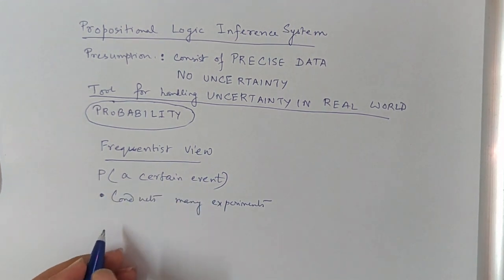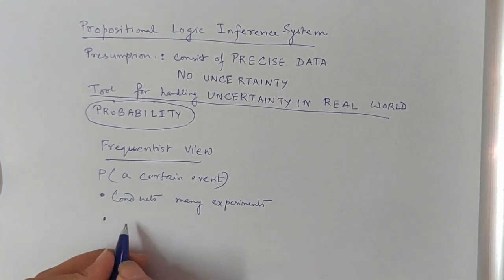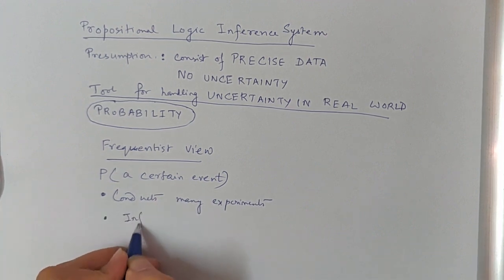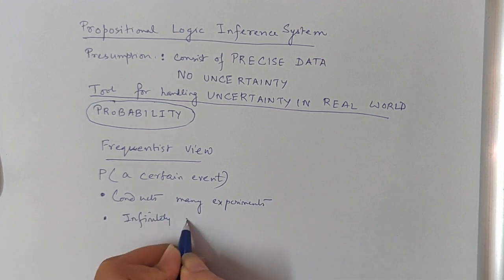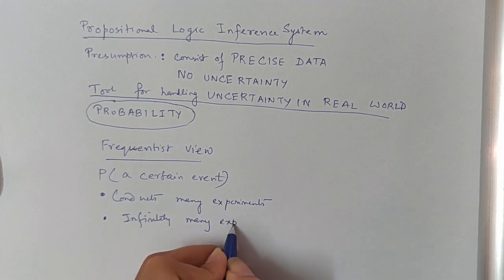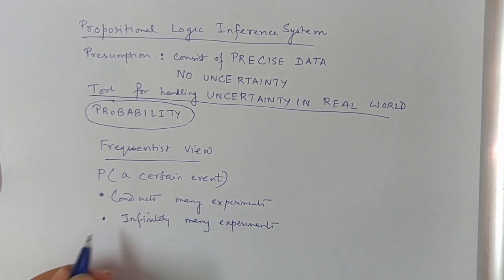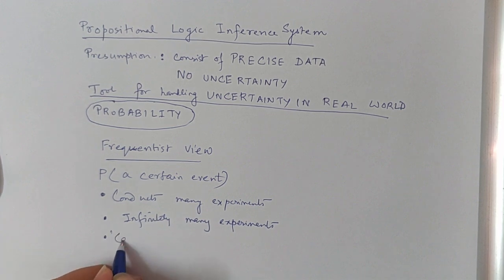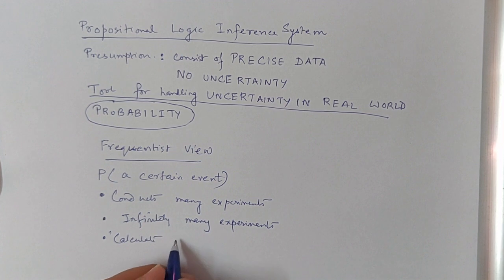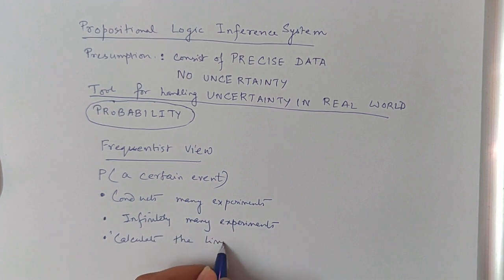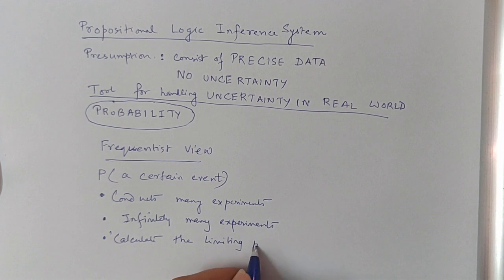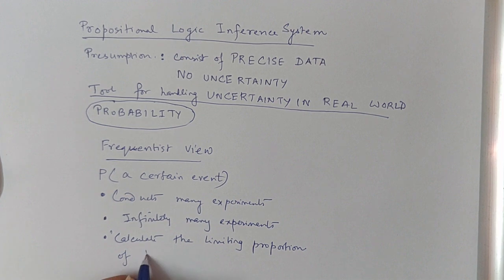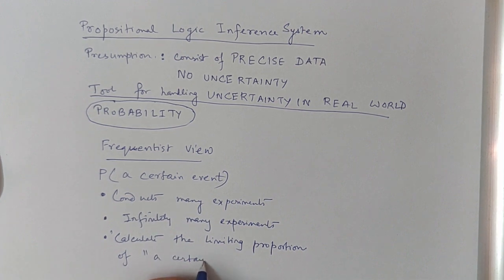According to the frequentist definition, if you conduct infinitely many experiments, calculate the limiting proportion of the event you are interested in.